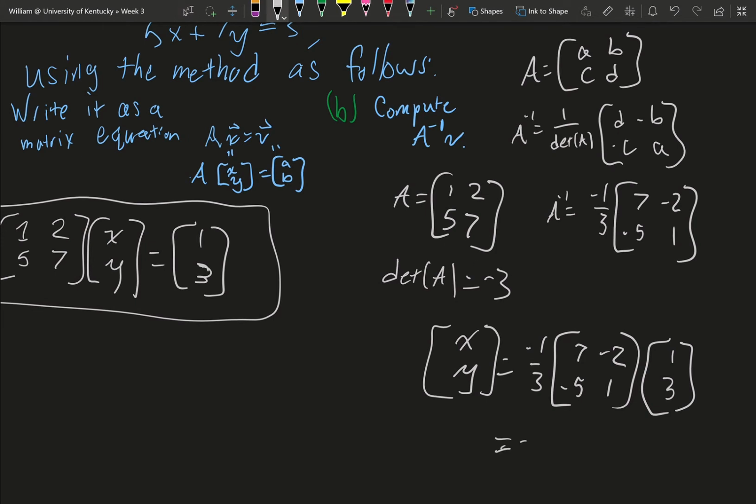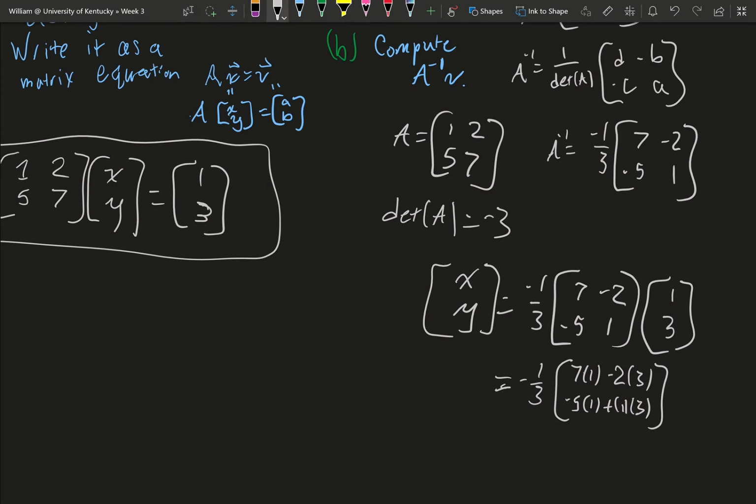So 7 times 1 minus 2 times 3, negative 5 times 1 plus 1 times 3. Simplifying, we get negative 1/3 times... that's 7 minus 6, so that's just a 1, and negative 5 plus 3, negative 2.